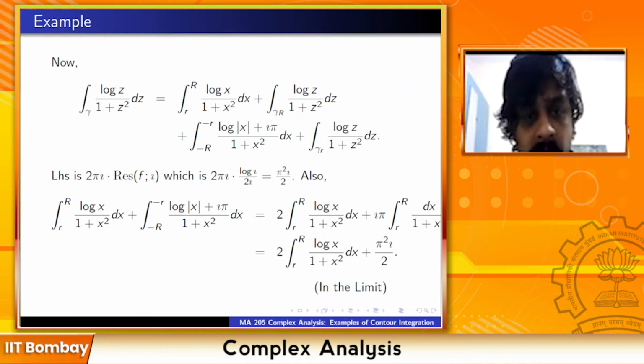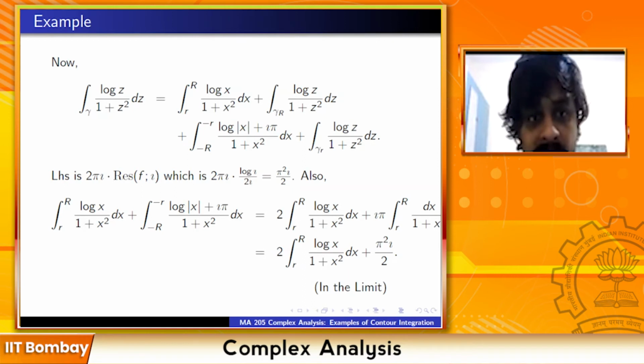Simply by substituting, the left hand side is pi square i by 2. I have also got a pi square i by 2 on the right hand side at the very end. Those two terms cancel each other.